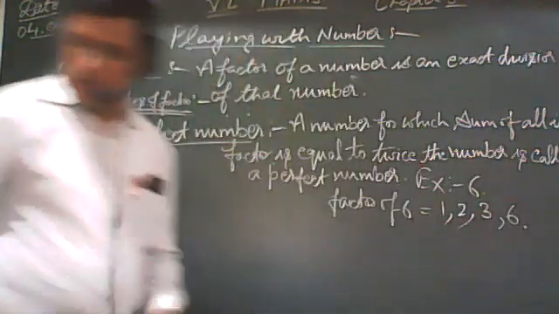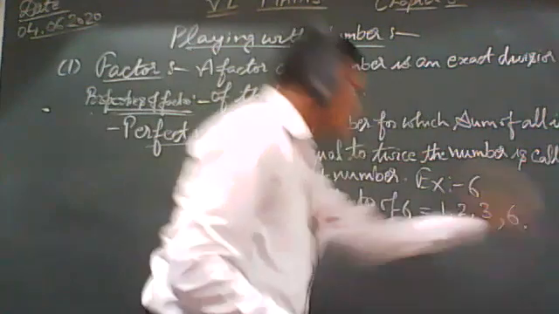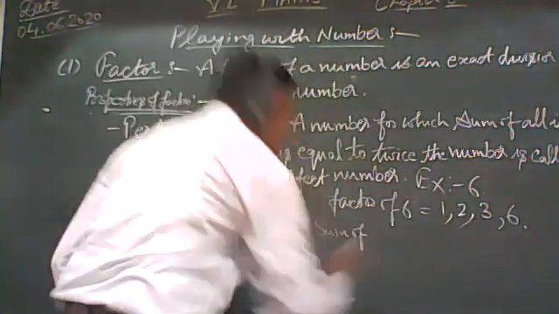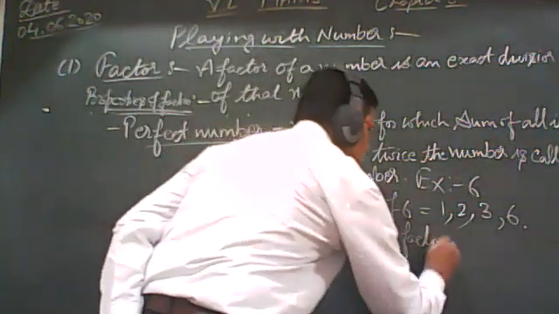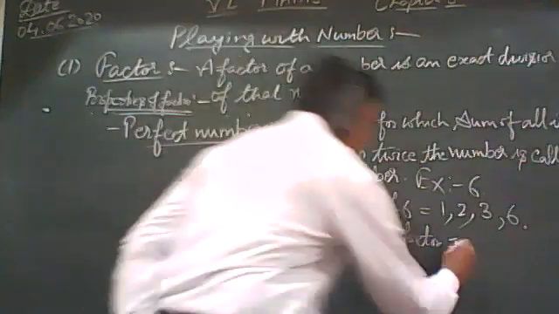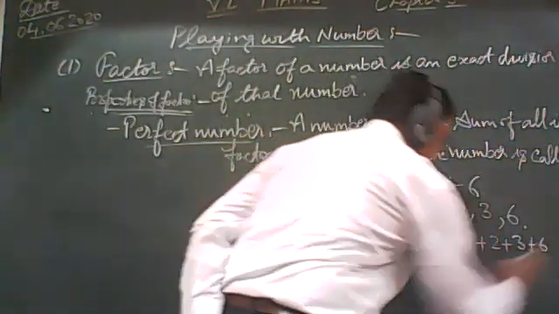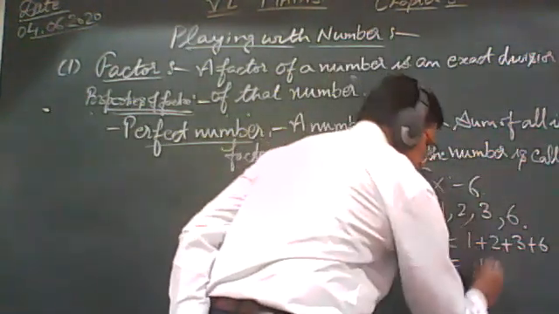Now, according to the definition, the sum of all factors equals 1 plus 2 plus 3 plus 6, and it comes 3 plus 2 is 5, plus 1 is 6, 6 plus 6 is 12.